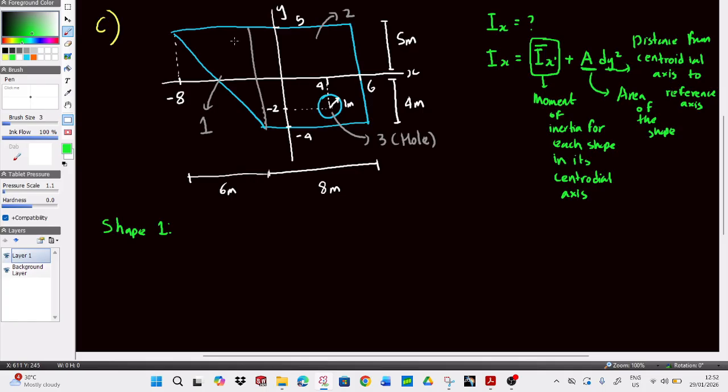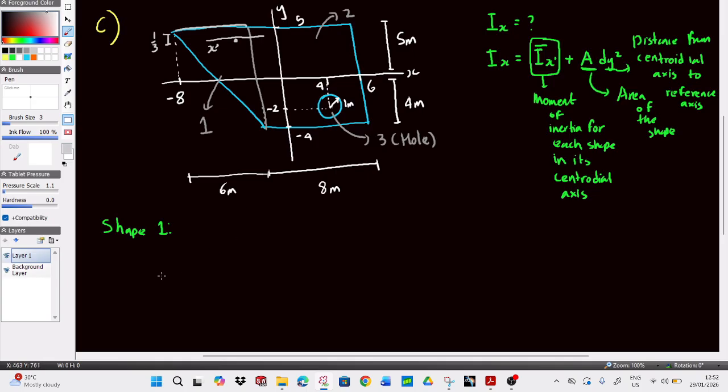So our reference axis, I think I'll put it in gray color, would be here. This is our reference x-axis, which I call x prime. The reference x-axis is 1/3 from this particular base.